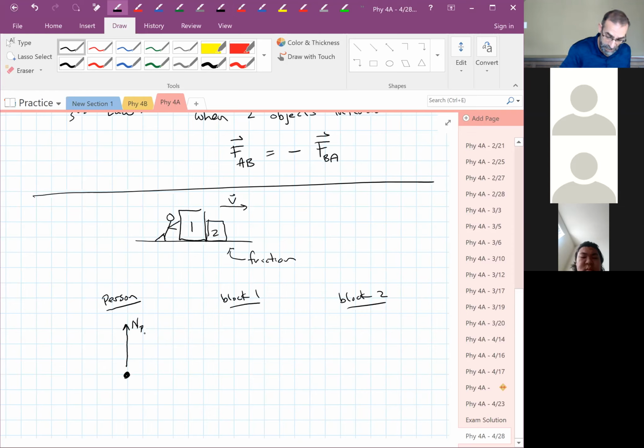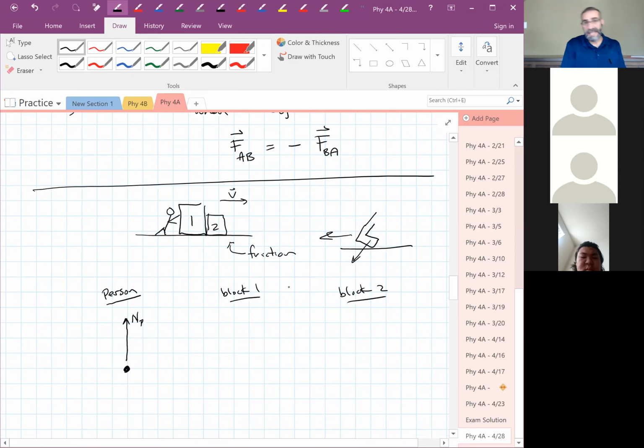We good with that? So you got a foot here. You got a floor, right? And if that floor was frictionless, and the foot is pushing at an angle like this, the foot would go sliding out in that direction and the person would fall on their face, right? But there's friction there. So what is friction doing that's preventing the foot from moving in that direction?